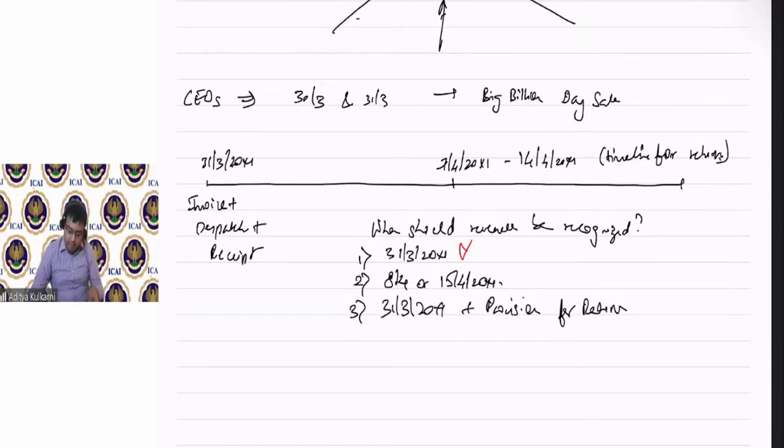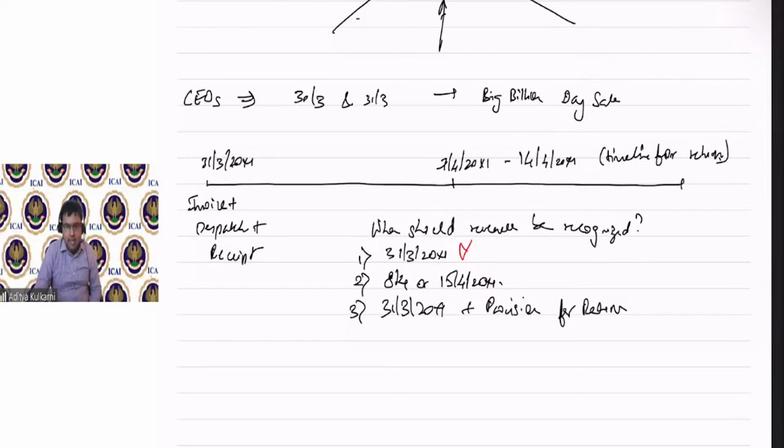There were some people who said, sir, we'll book the revenue on 8th April or 15th April once the returns are done, once we cross the timeline, once we are absolutely sure.